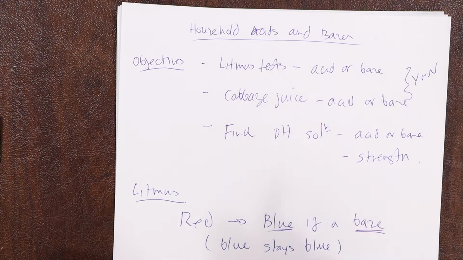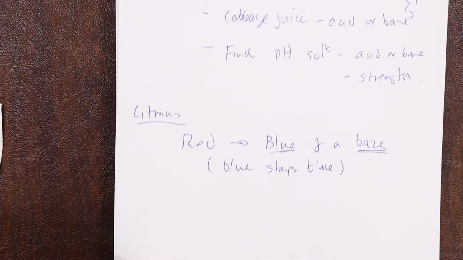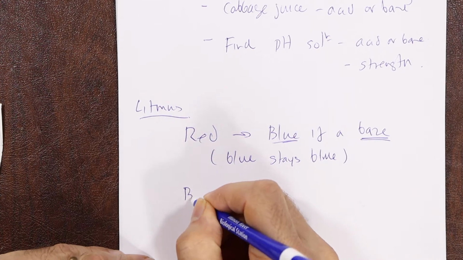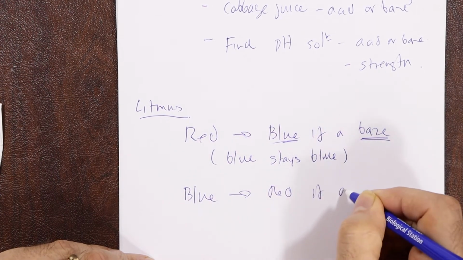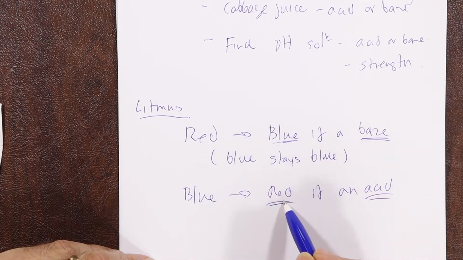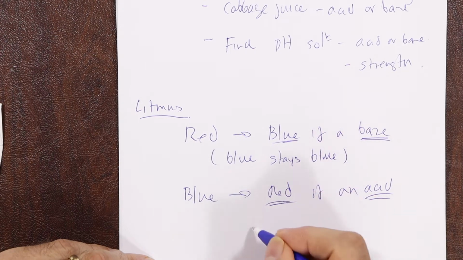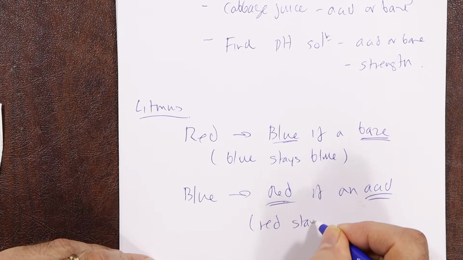You just dip this paper in the solution, and it will turn red or blue. That's a litmus test. Blue paper turns red if an acid, so we associate red with acid. The appearance of the red color is the presence of an acid. If you dip a red one in there, red stays red.